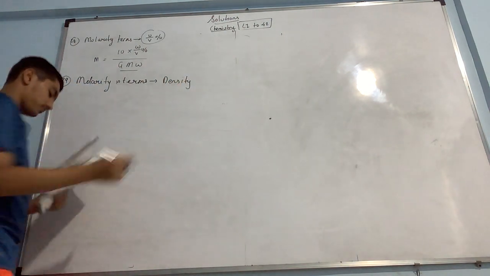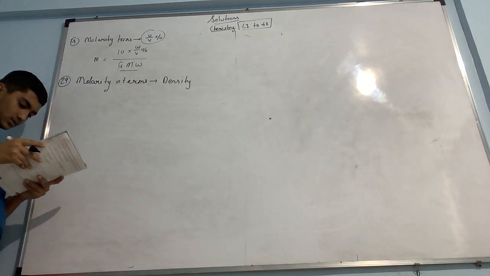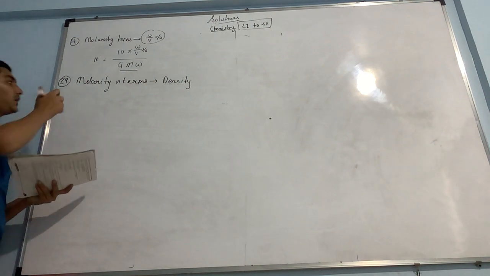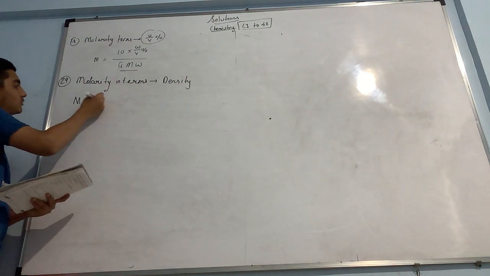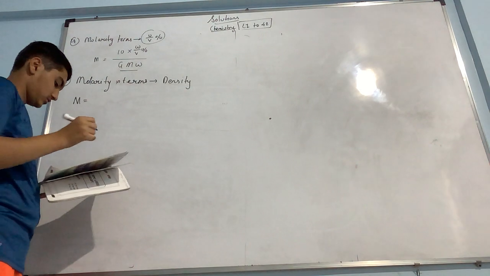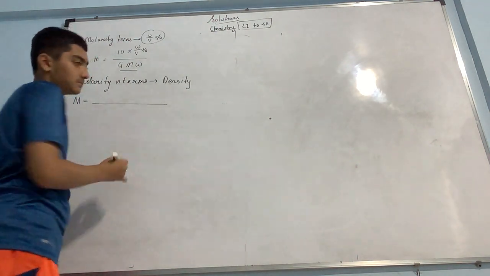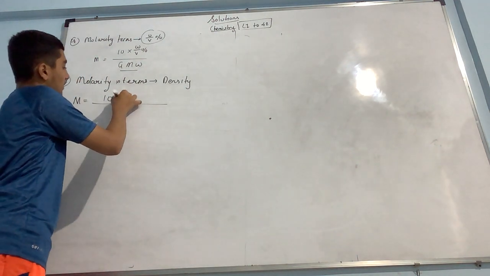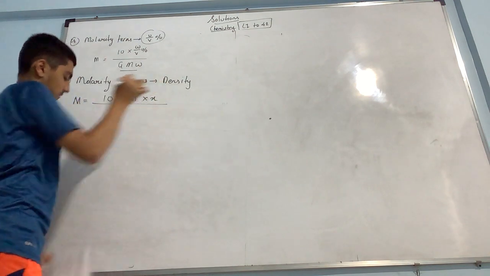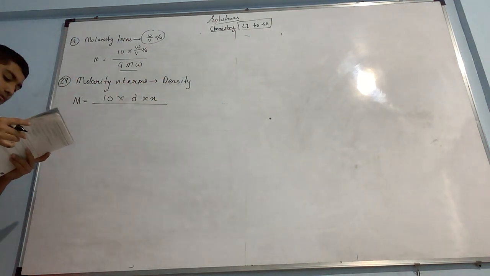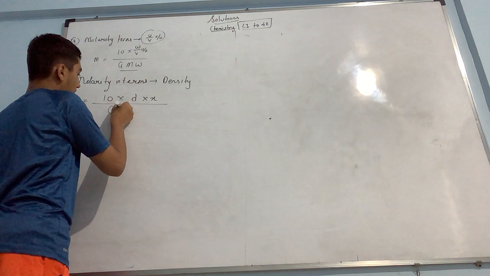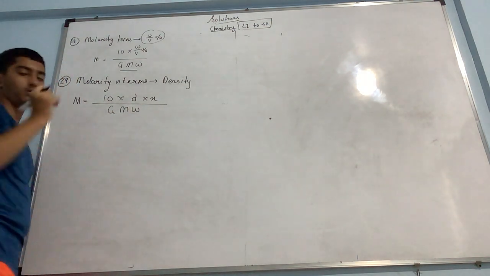What will be the formula? The density formula will be M is equal to 10 multiplied by D multiplied by X upon GMW. Now this is a formula.